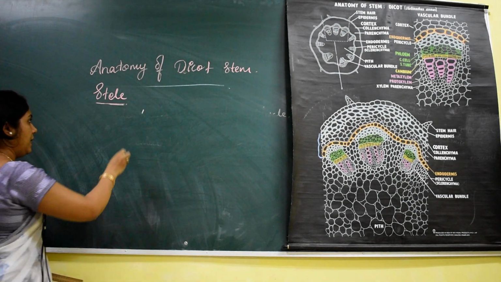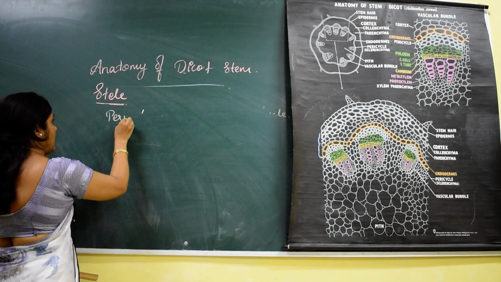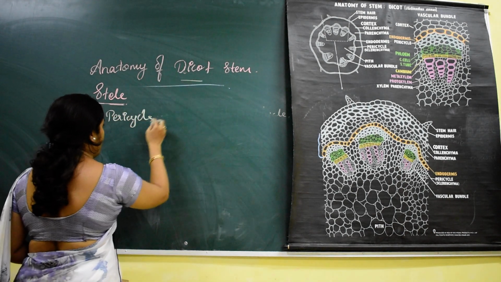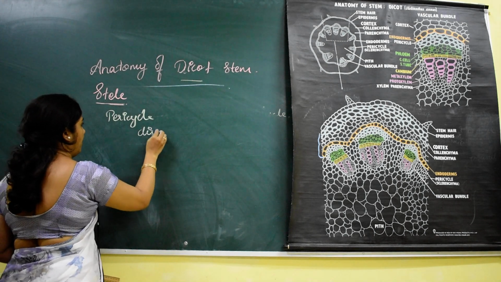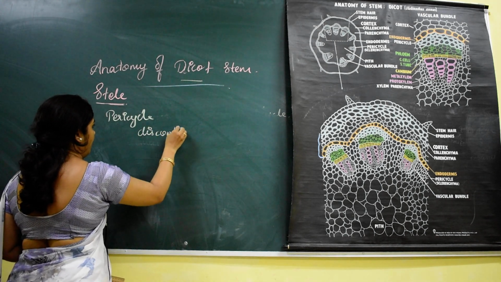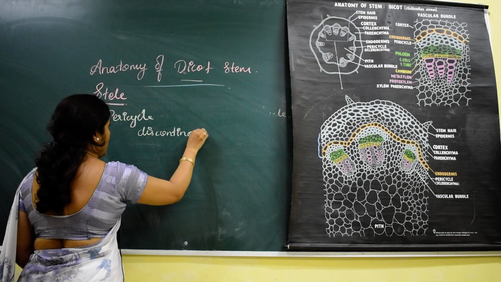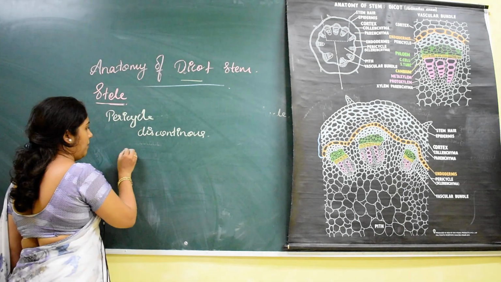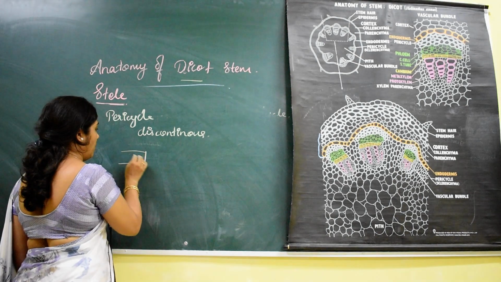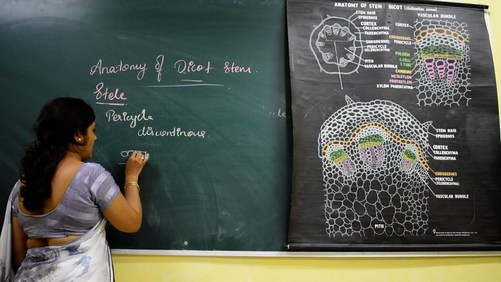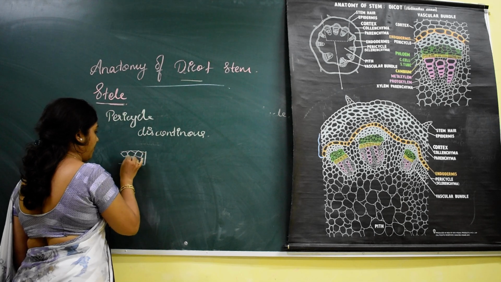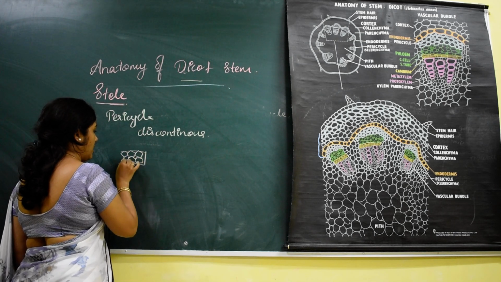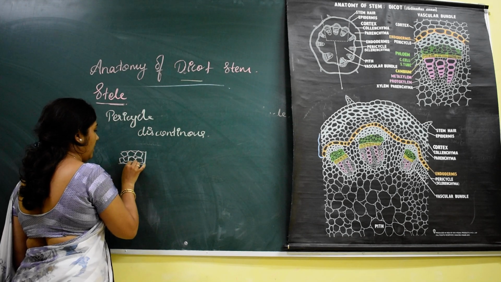First we will take up the pericycle. So the pericycle, in case of dicot stem, is discontinuous. Why is it discontinuous? It is made up of patches of sclerenchyma cells. Sclerenchyma we have already discussed. It is a dead mechanical tissue.